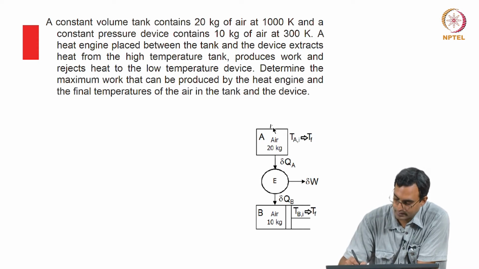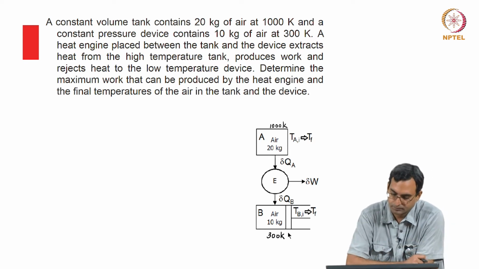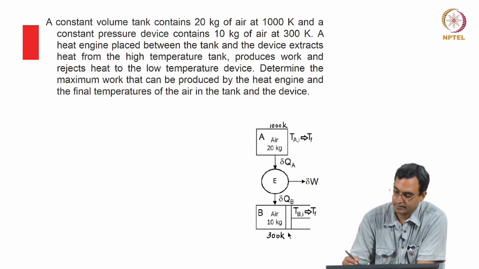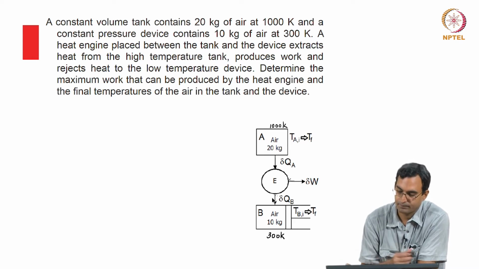So, this is initially at 1000 Kelvin, this is at 300 Kelvin. There is a heat engine which is placed between these two. It extracts heat from the high temperature tank, so it is taking heat from here and produces work over here and rejects heat to the low temperature tank over here.